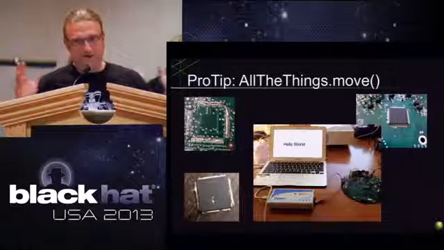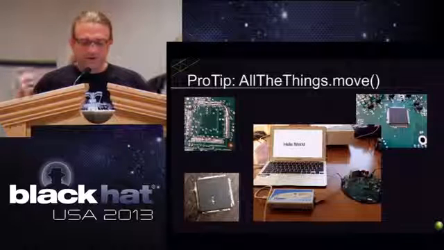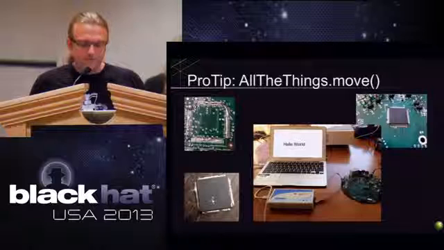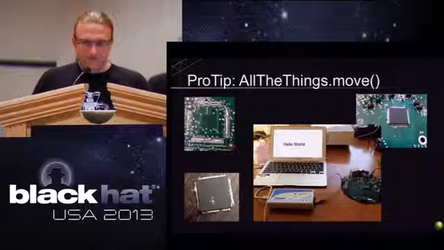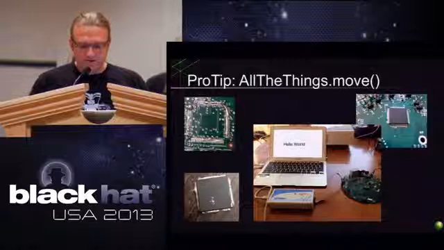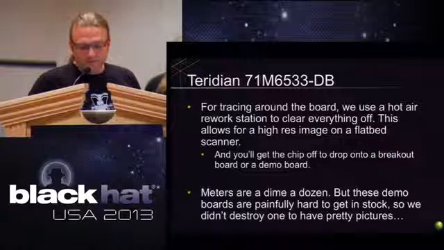JTAG is miraculously enabled again in hardware, and we can just use the standard tools to dump firmware. You can't really do that live in the field as an attack vector, but if you just want to get the device once, it's really the easiest way to go.